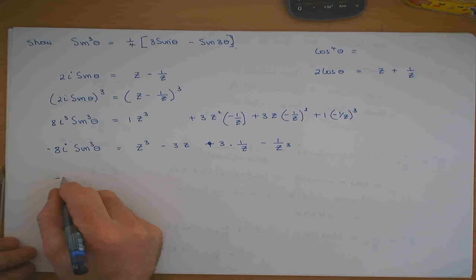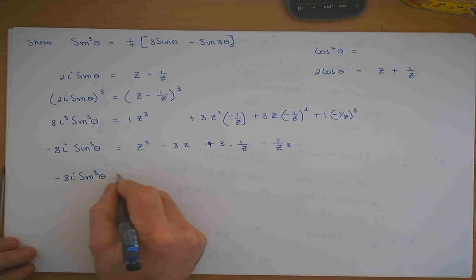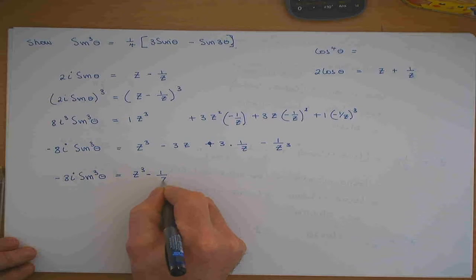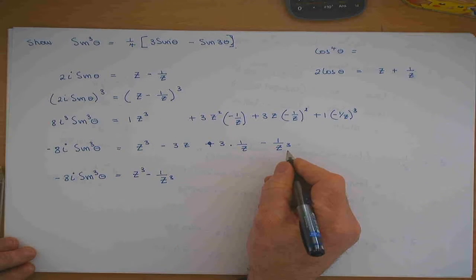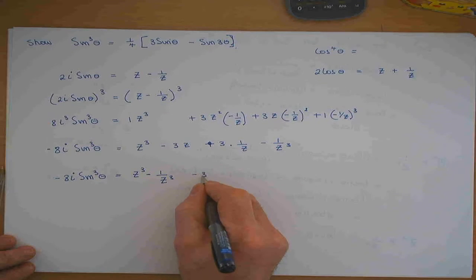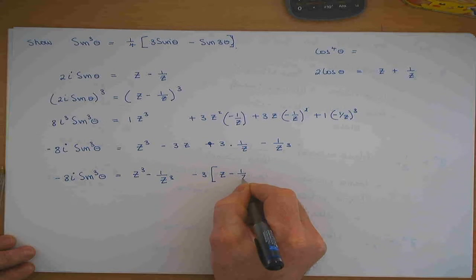Which is equal to minus 8 iota sine cubed theta is equal to, I have a z cubed minus 1 over z cubed there, putting them together. Yes? And I can take minus 3 outside of that, and I'll have a z minus 1 over z there.